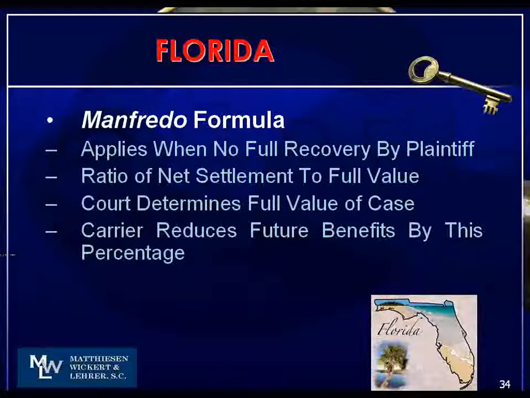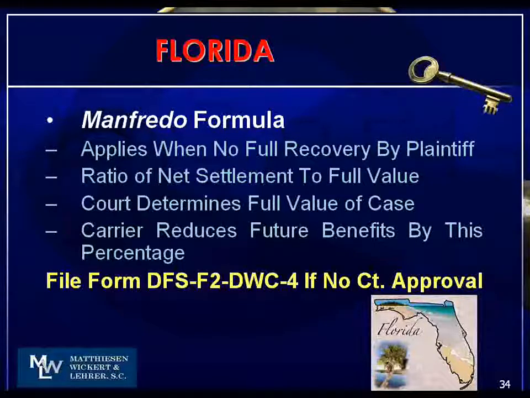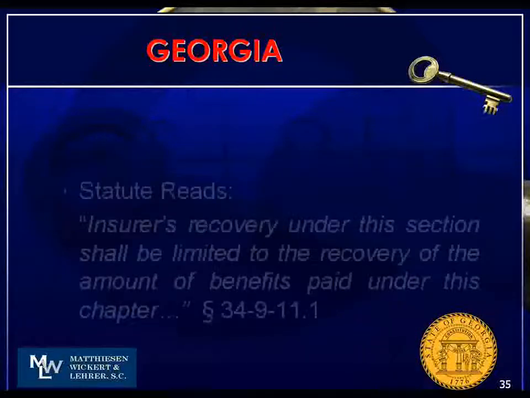The court determines the full value of the case, then the carrier reduces the future benefits by this percentage. You have to file form DFS F2WC, DWC4 if there is no court approval of the settlement, and that's in cases where there is like a settlement.